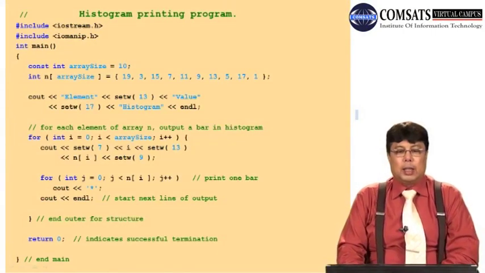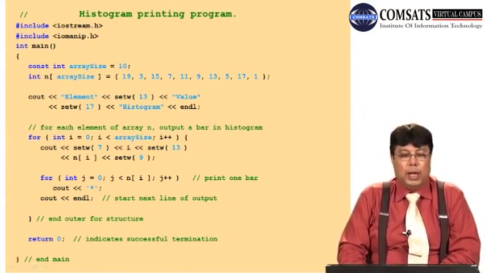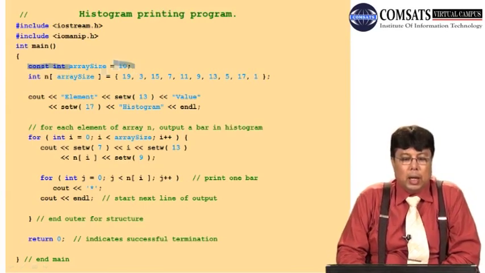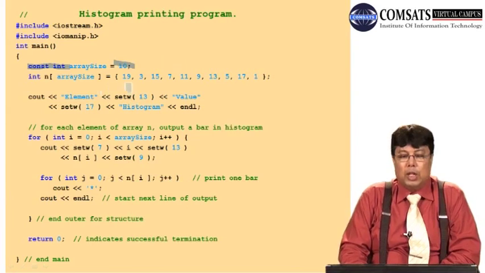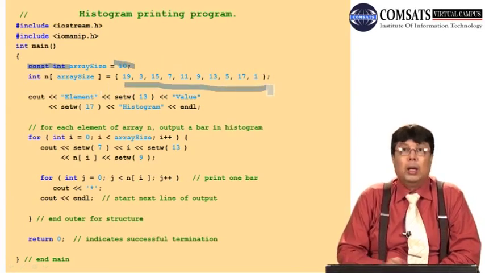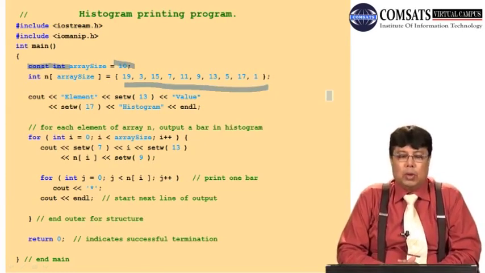Okay, let us see a very good example of histogram printing. Once again we have defined the array using the array size constant, and put some initial data in it. We would like to print a histogram using asterisks.